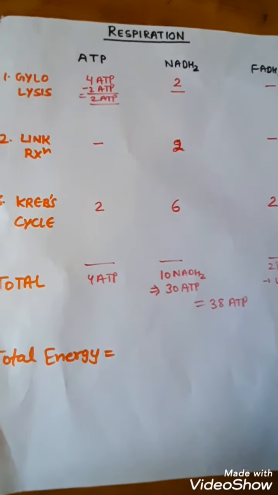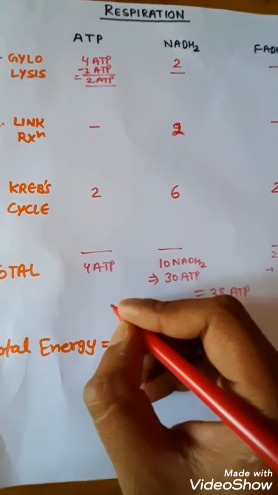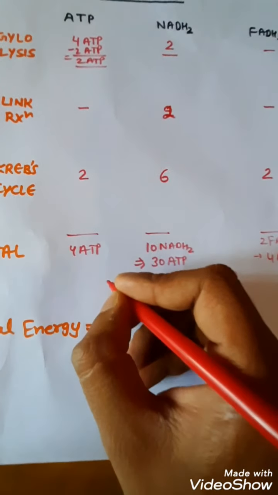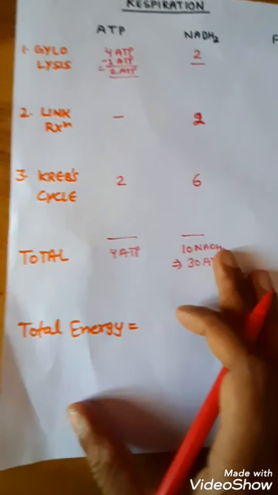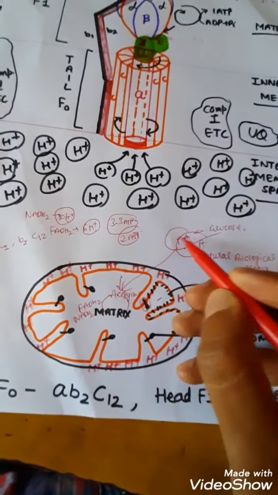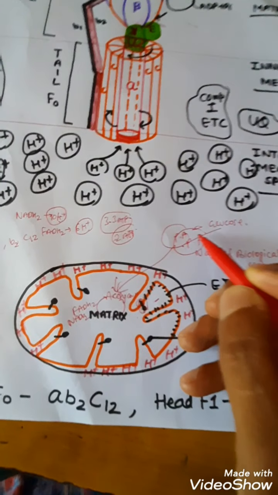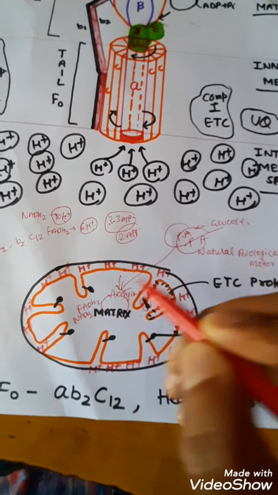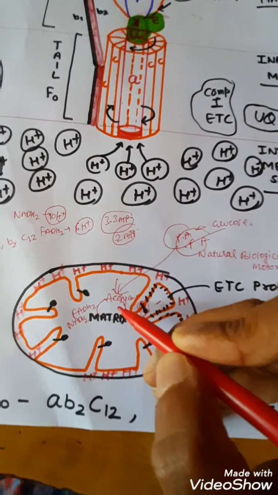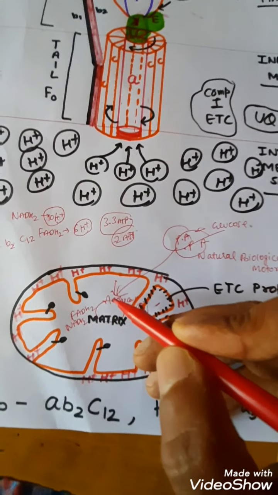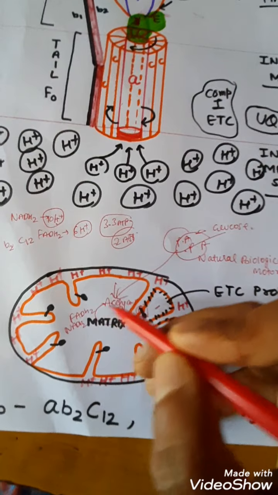But as I told you earlier, the pyruvic acid that is produced after the glycolysis was produced inside the cytoplasm of the cell. But this pyruvic acid moves to the matrix of the mitochondria, where it gets decarboxylated, that is the link reaction, and undergoes the Krebs cycle.